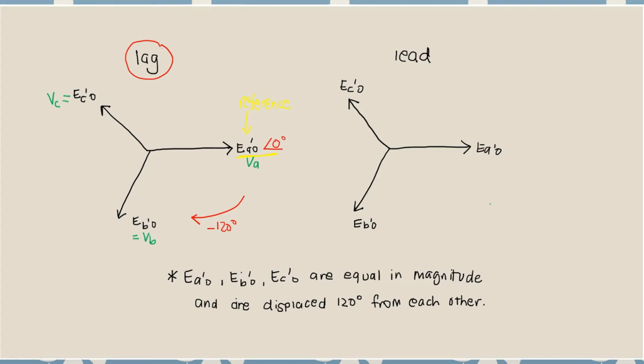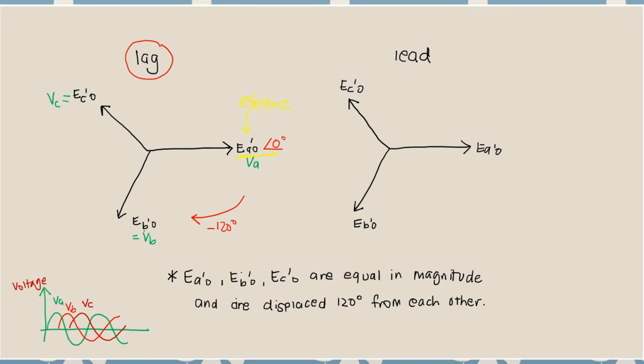You're already familiar, right? In the previous video I already showed you the three-phase sine wave. This is VA, then that is VB, and that is VC. That is a voltage.